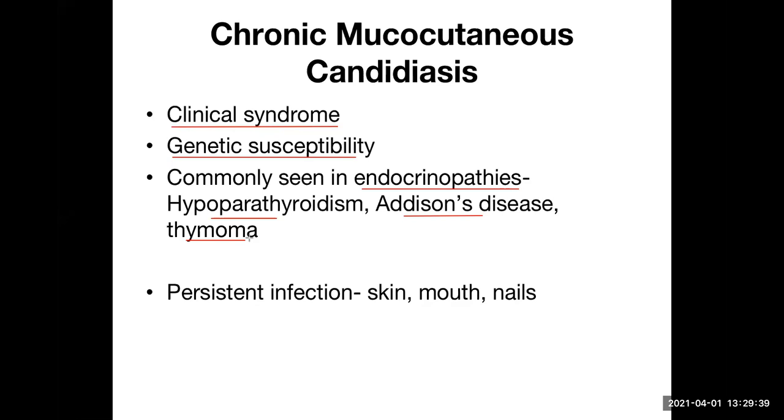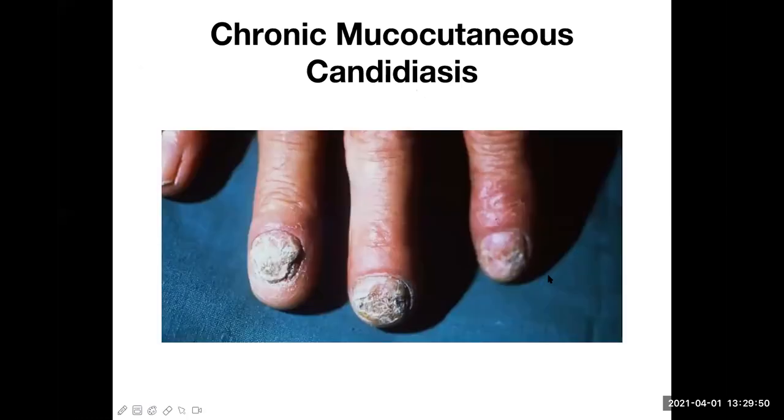I already told you. Now, in this condition, there is persistent infection in the skin, mouth, and nail bed. Now, see there, this is chronic mucocutaneous candidiasis. Okay. These nails are chronically infected, and nobody said these nails are healthy. Okay, in one look, probably this is a fungal infection.